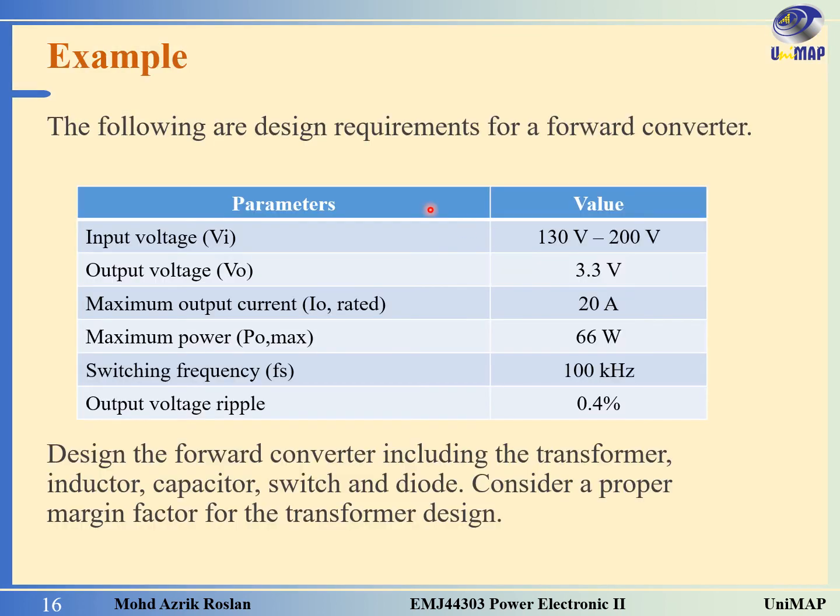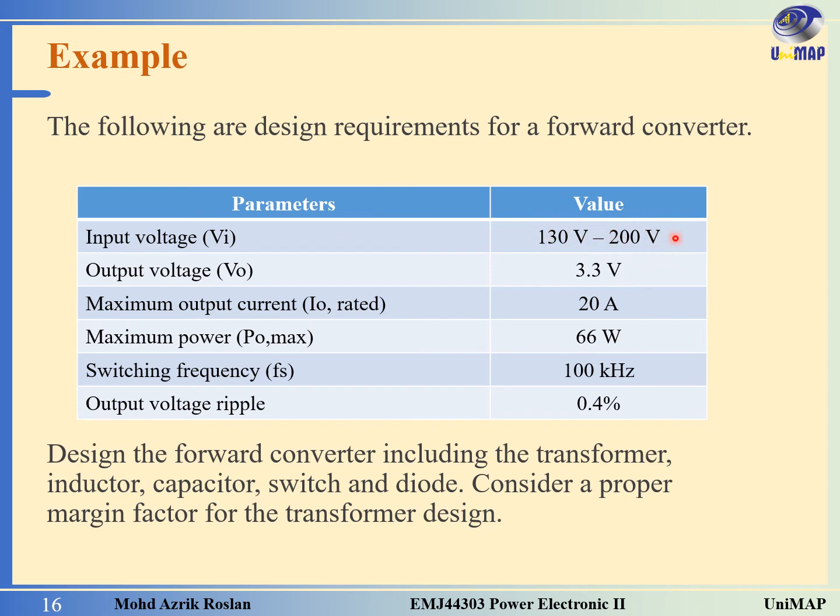Okay, now we come to the example for the design of the forward converter. These are the parameters given to us, and these are their values. The first one is the input voltage. Like I mentioned before, usually this will be given in a range of voltage. In this example it is from 130 volt until 200 volt.